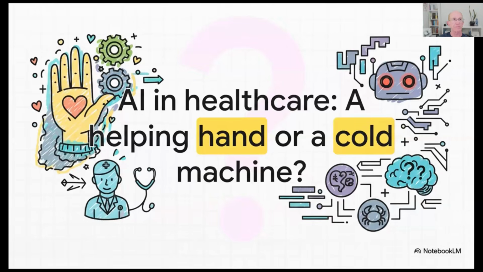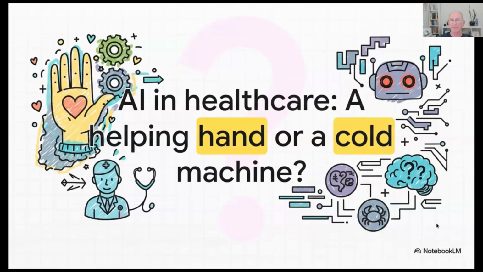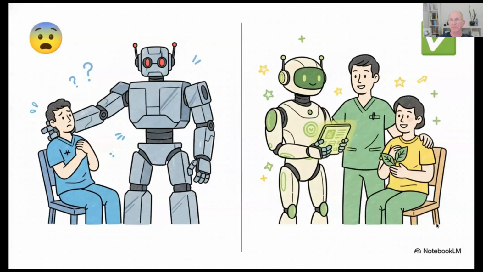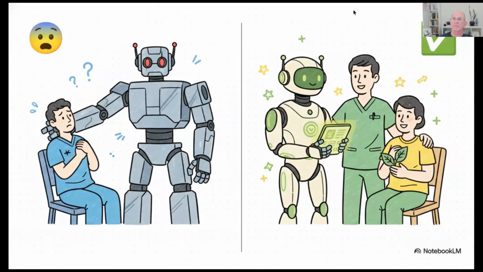Is it going to be a compassionate partner in our health journey? Or is it just some cold, unfeeling machine making decisions about our lives? It's a totally valid concern. But here's the thing. The reality is often the exact opposite of our fears. We picture these intimidating robots, but the whole point of AI isn't to replace doctors. It's to give them superpowers. It's not about making cold.